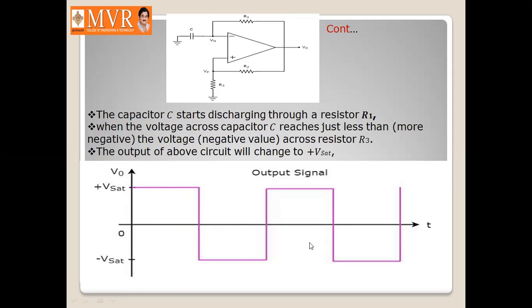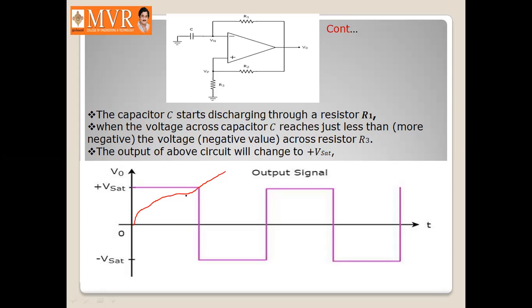So here you can see what happens generally. The capacitor is going to charge like this, towards plus Vsat.